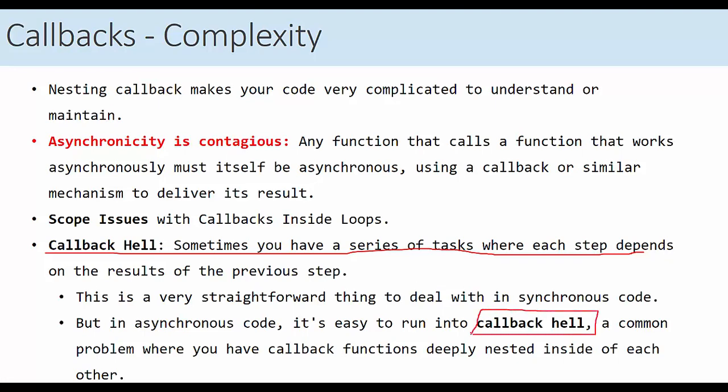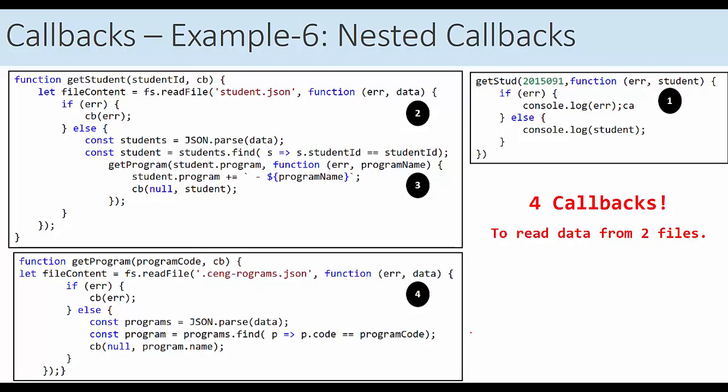Let me show you this example. In this example, we are trying to read one student's data. We did this already. However, with the student data, we also want the program name he is enrolled in.